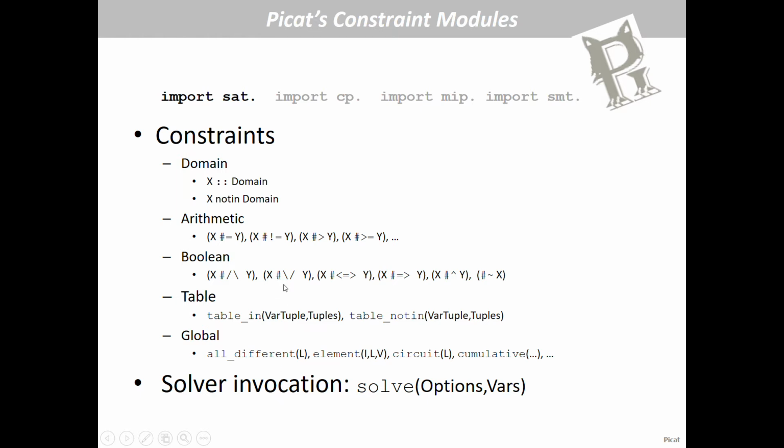This is very similar to a typical CLP language. And the built-in solve is used to label variables to satisfy constraints. You can also describe objective functions to minimize or maximize an expression.